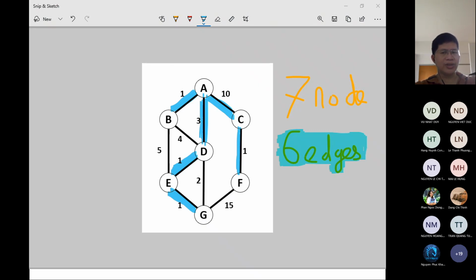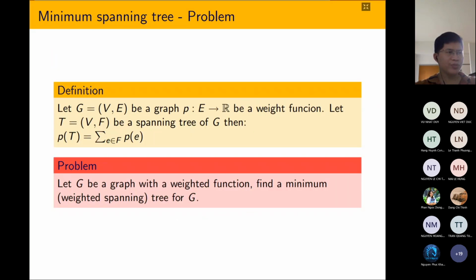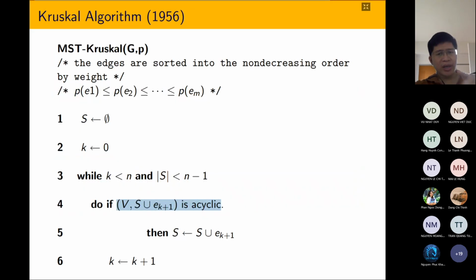Otherwise, now the question for you is, if we want to check for this one whether or not we have a circle. Of course, if we do it manually, we see it, we check, but now we work with algorithm. My question for you is, how can I check whether or not the new graph will form a circle?